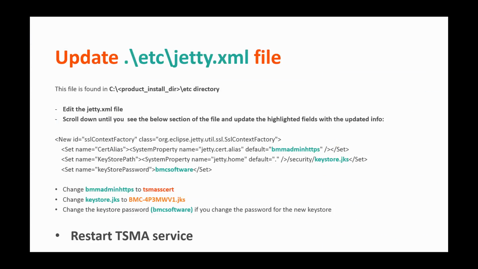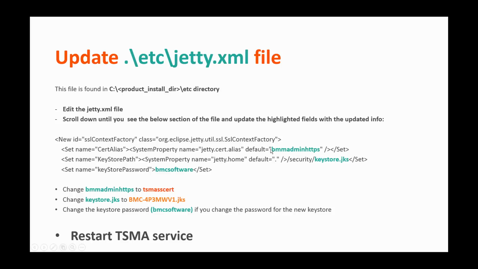Once you've created the self-signed cert, it's time to update the etc/jetty.xml file. This file is found in the product install directory in the etc subdirectory. Edit the jetty.xml file. Scroll down in the file until you see the below section and update the highlighted fields with the updated info. For example, by default, the alias is called BMM admin HTTPS.